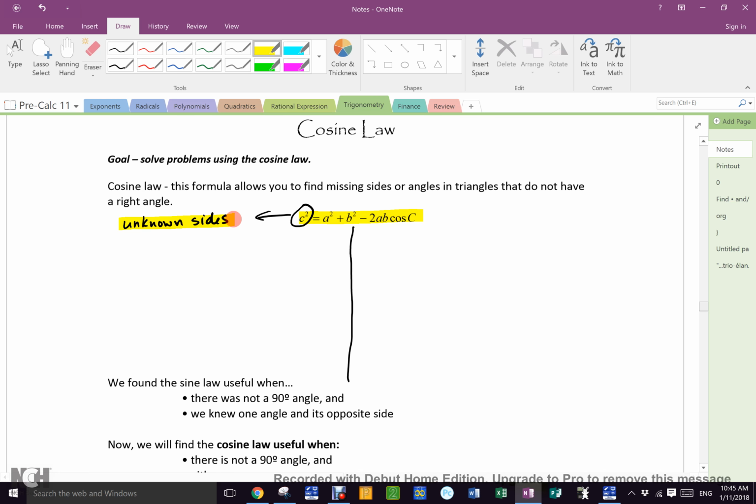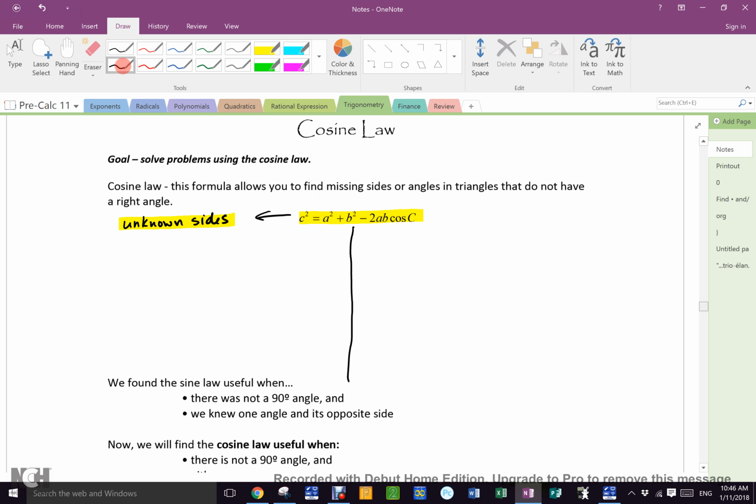But there's something you got to watch out for. What does it find? Does it find c or does it find c squared? C squared. So what do you have to remember to do at the end of all your work? Find the square root, just like Pythagoras, right?